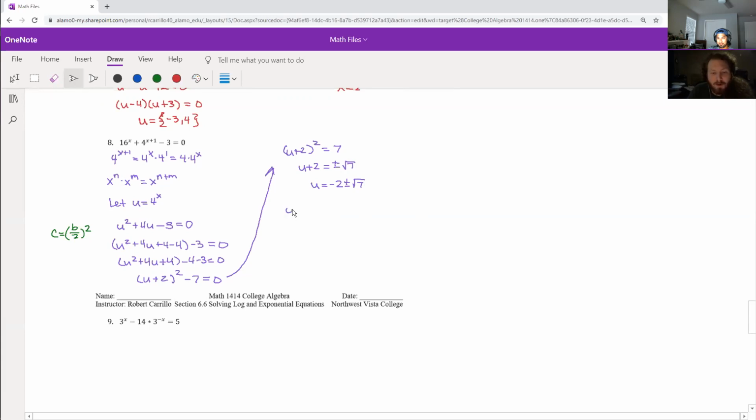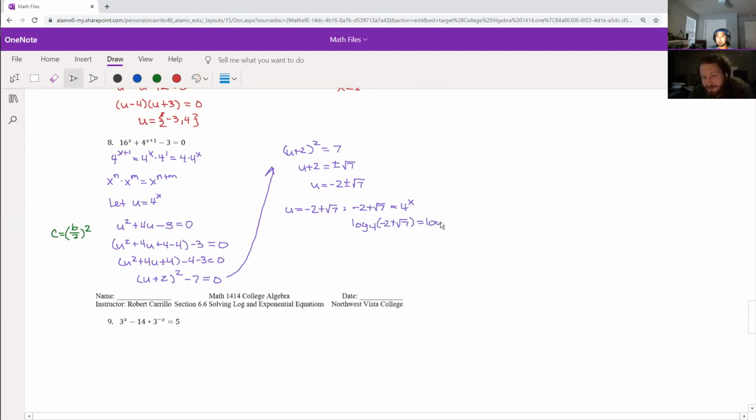So our first one is U equals negative 2 plus the square root of 7. So negative 2 plus square root 7 equals 4 to the x. Let's take log base 4 of both sides. I feel like something's going wrong. This should not be this complicated.